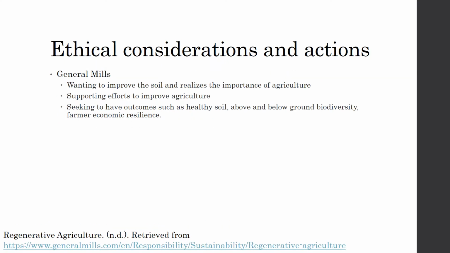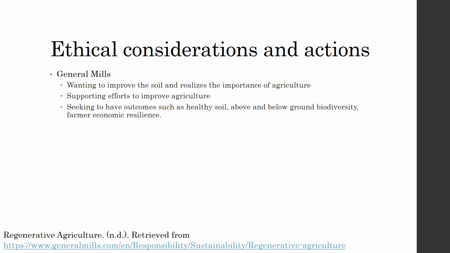General Mills actually supports this type of agriculture. On their website, they have a lot of details on it and the benefits of it. They're big supporters of it. For them, their main thing is they want to improve the soil, and being in the food industry, they realize the importance of improving the soil and the whole impact of this type of agriculture and how important it can be.